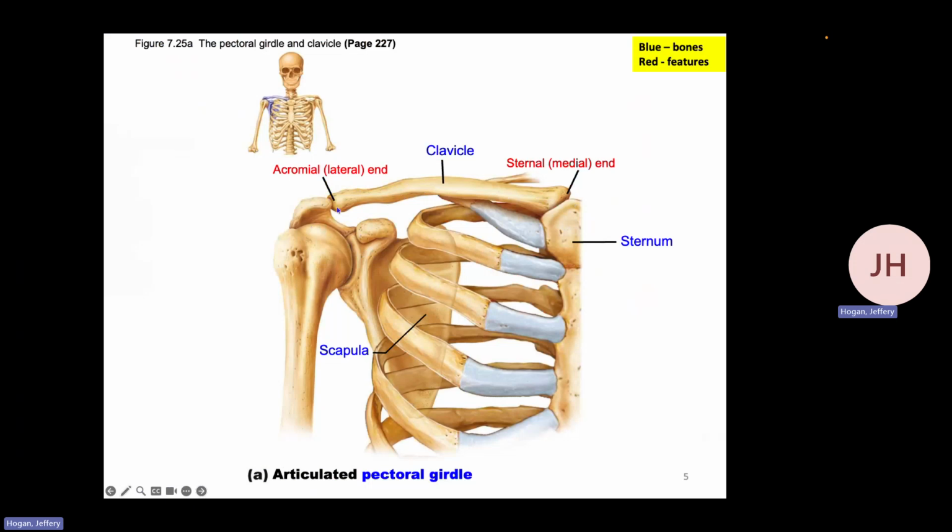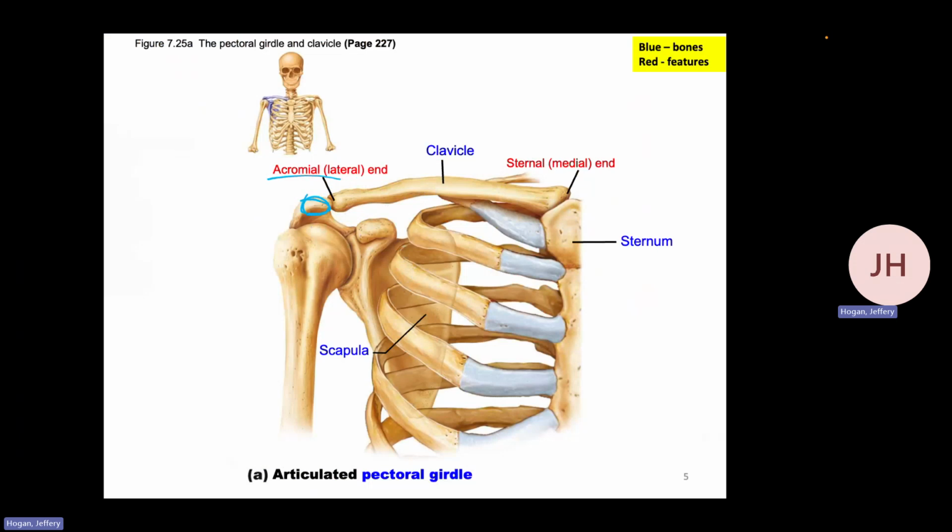So this acromial or lateral end, you need to use the word acromial on your exams. The acromial end here is attached to the acromion process of the scapula, which comes forward and covers the top of the head of the humerus. And the sternal end, of course, connects to the sternum. So that's pretty easy right there.